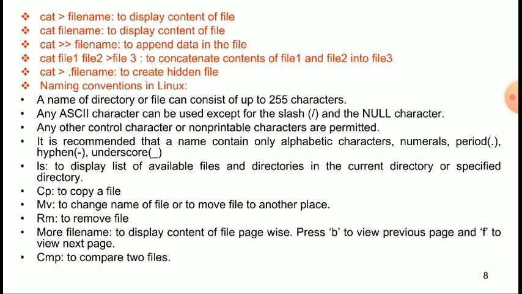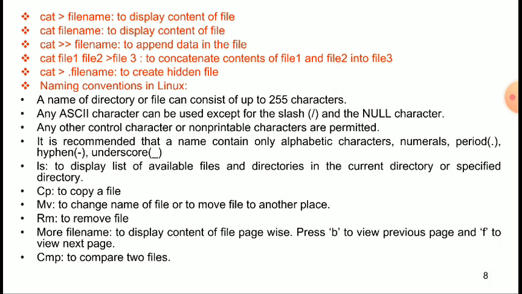That means to concatenate the contents of file1 and file2 into file3, a combination of the content of file1 and file2. Next command is cat > .filename. That means to create a hidden file.